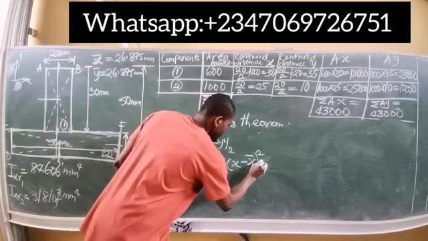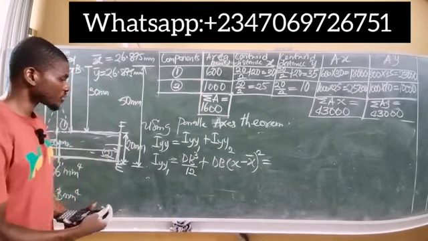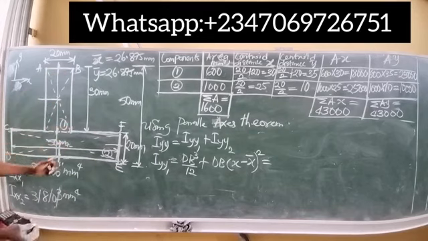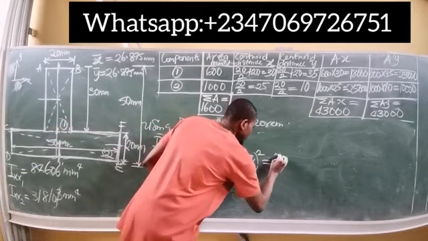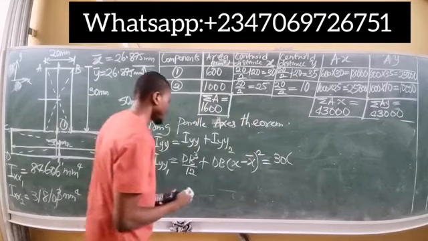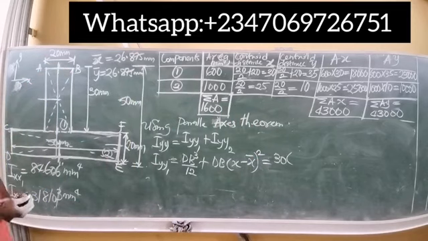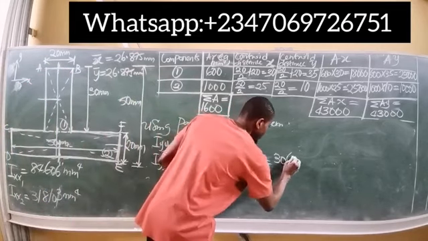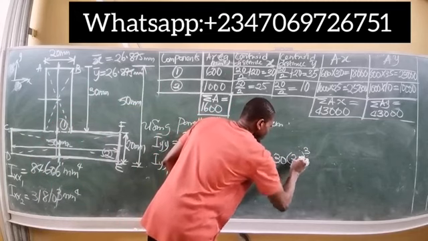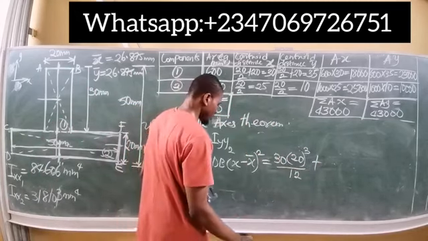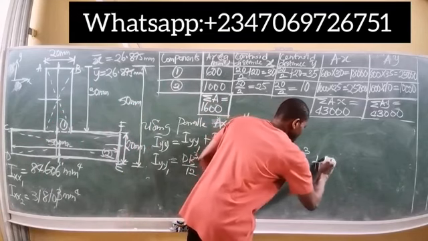So for the first segment, the depth remains 30 millimeter, so you simply have 30 multiplied by the width cubed, which is 20 cubed, all over 12, plus the width times the depth, which is 30 by 20.